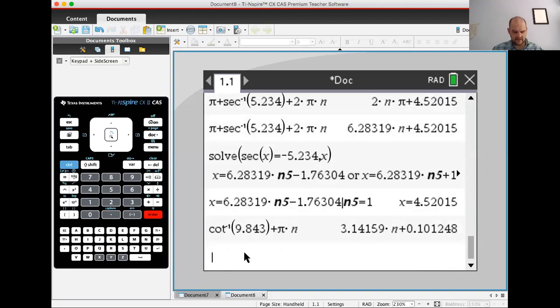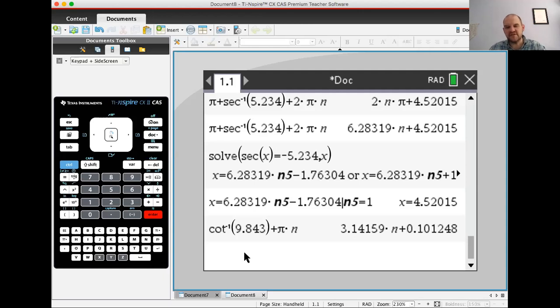So I get x is, I'm writing this in the notes right now, x is approximately 0.101, 3 decimals all the time, plus 3.142, I guess, times n, where n is an element of the integers.